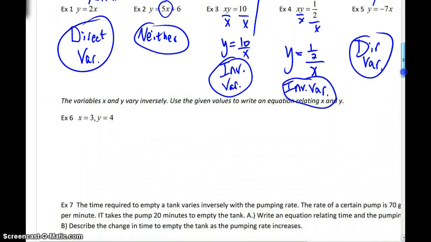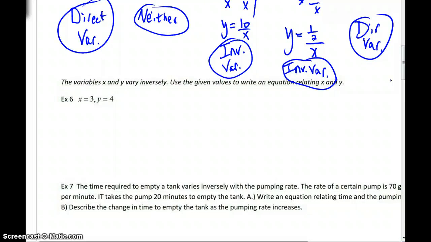Okay, well, more often than not, what we will see is a problem where we actually have to write a particular equation. The variables x and y vary inversely. As soon as we see that, we may write y is equal to k divided by x. We need to find out what k is, however, and we'd like to write our equation in that form. So our y is a 4.